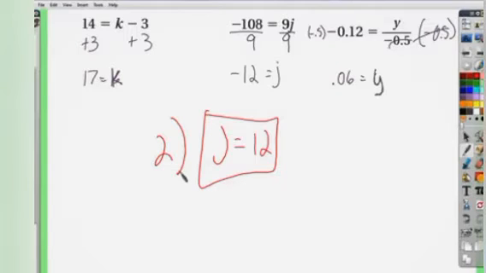Alright? So show your work until you become so good at 9j equals negative 108 and dividing by 9 in your head or with your calculator or whatever, but you're actually dividing by 9, not just saying 9 times this, 9 times that, oh I found it. You see that you're actually doing that work. And once you become so fast and so accurate at it that you don't need to write it down anymore, then stop writing down divide by 9, but still divide by 9 in your calculator.